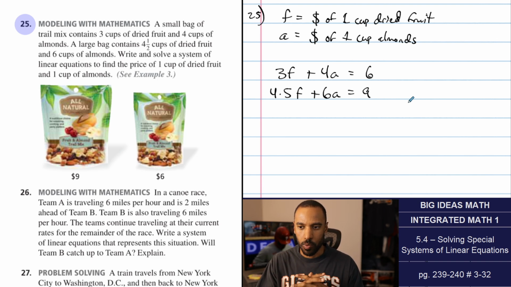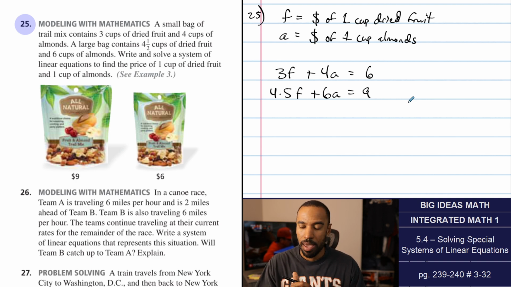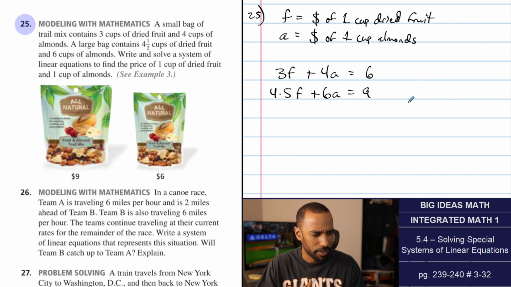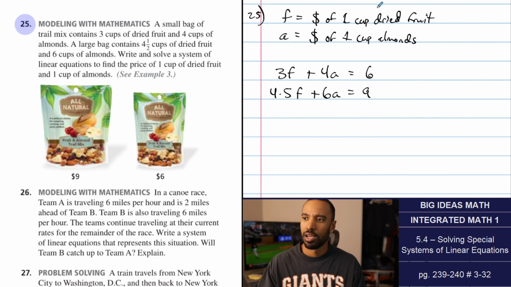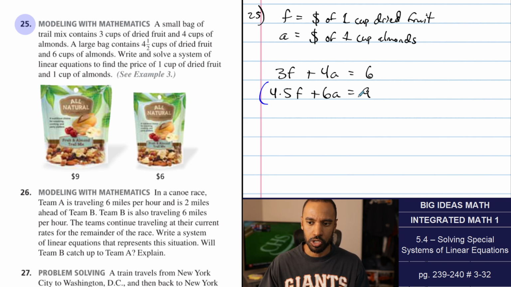This is one of those things where the decimal is not a favorite of mine. You may or may not know that dividing by 1.5, what's 6 divided by 1.5? Is that 4? 9 divided by 1.5 is 6, right? I'm going to kind of be clever with this. You can choose to do what you want.